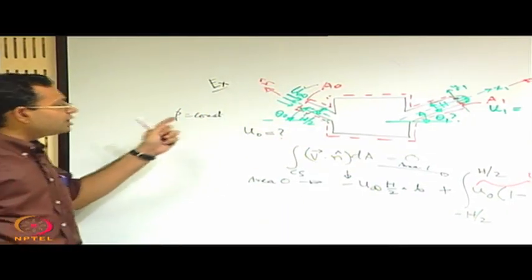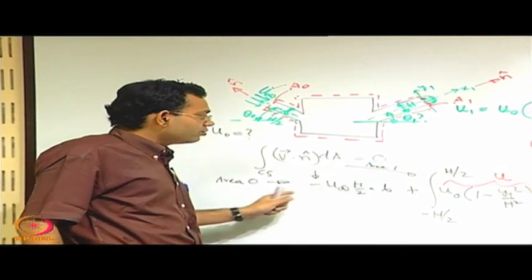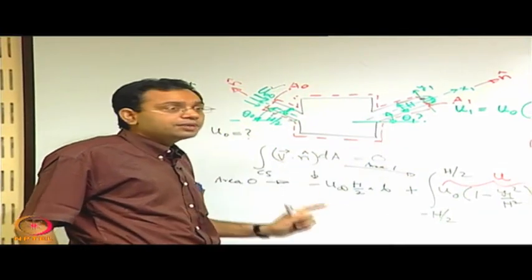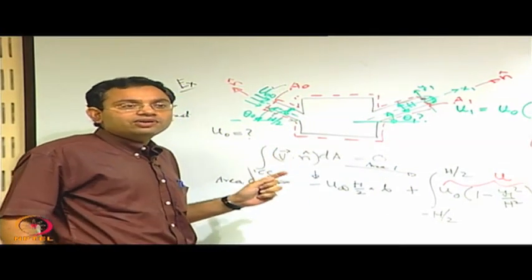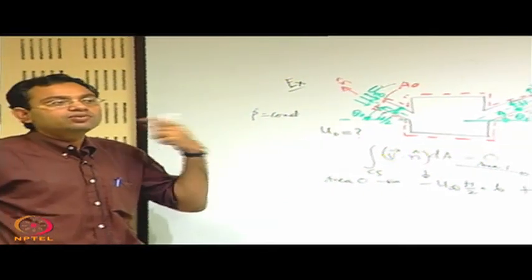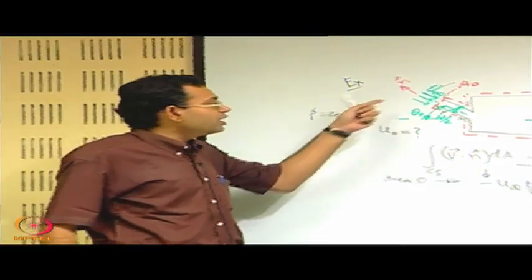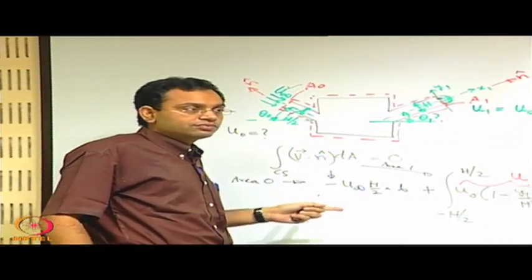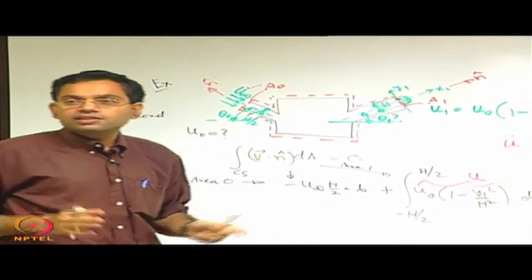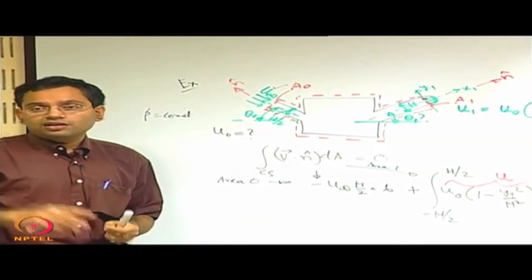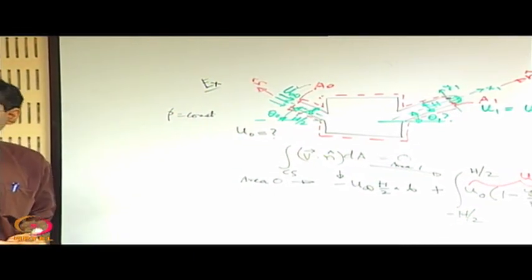See, when we are writing here 1 and 2 or maybe 0 and 1 or whatever subscripts, there is a fundamental difference from what we wrote for using the Bernoulli's equation. Those we wrote for points 1 and 2. Now we are writing for sections 1 and 2. So, maybe subscript wise they look very similar, but the meaning is entirely different.